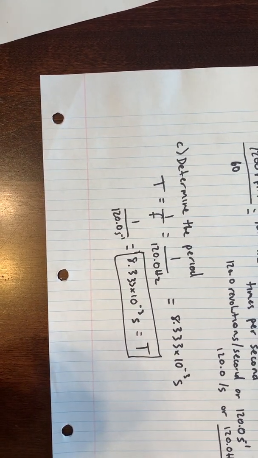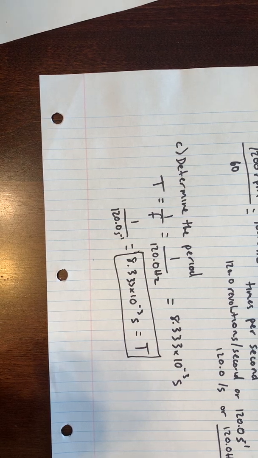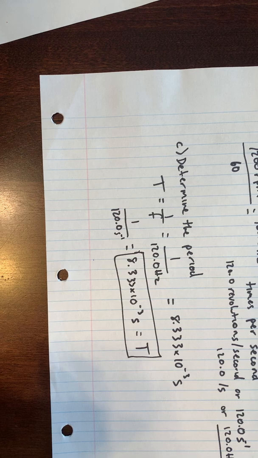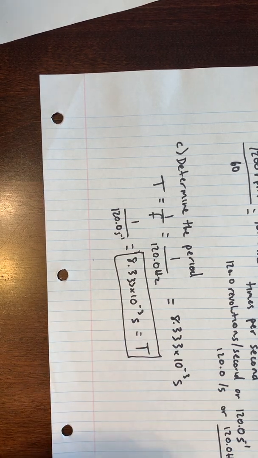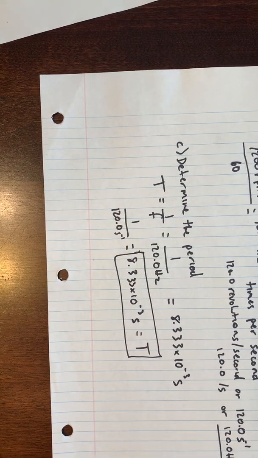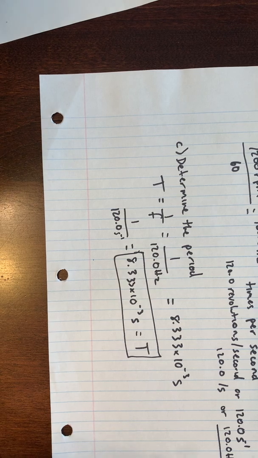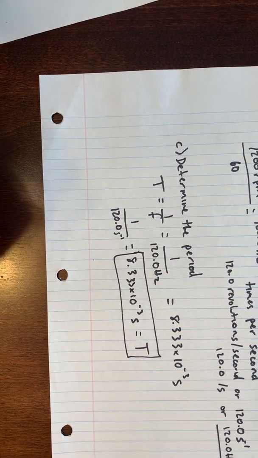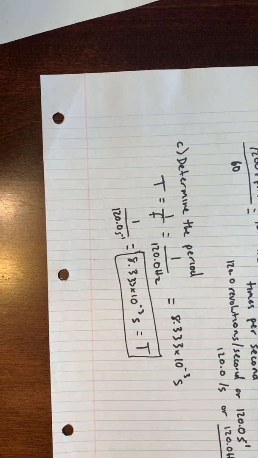Okay? You went 1 divided by 120 and got 0.0083? Yes, 8.333 times 10 to the negative 3. So, yeah, same thing. 0.0083, yep, so that should be 10 to the negative 3 if you move the decimal 3 places to the right.